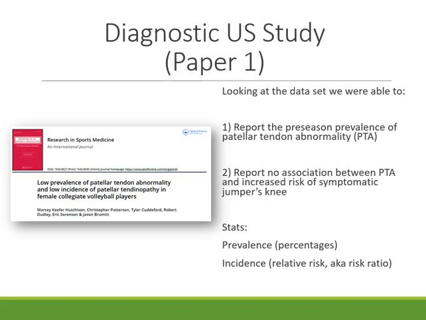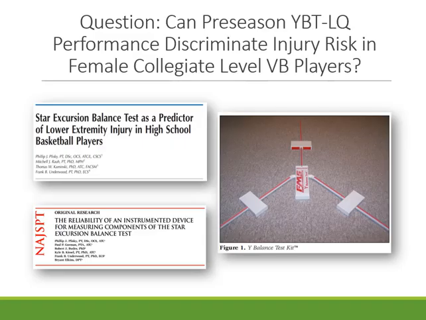So statistically, the prevalence or percentages was used to address the number of people that had patellar tendon abnormality, which was, I think, around 20%, and the incidence, number 2, again, we use the relative risk, also known as the risk ratio.